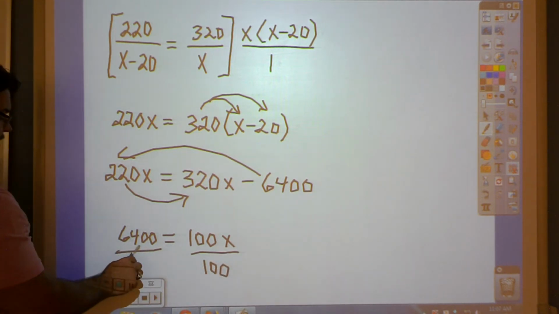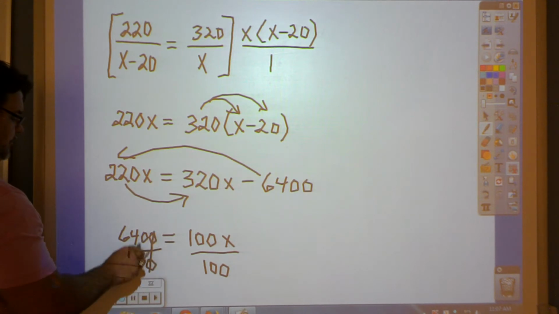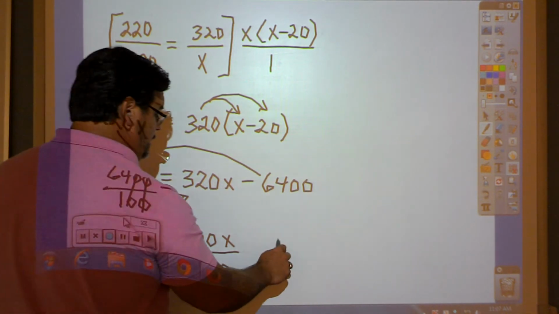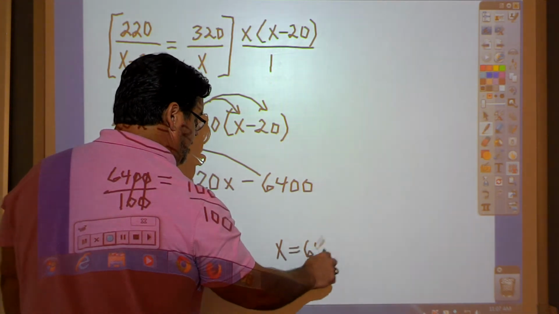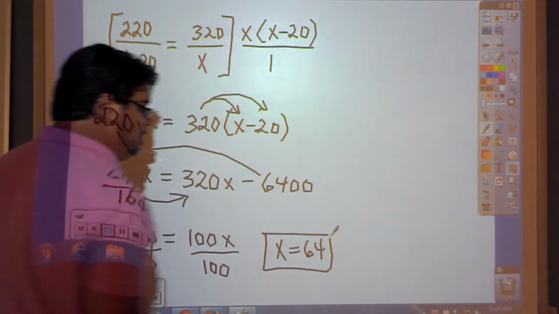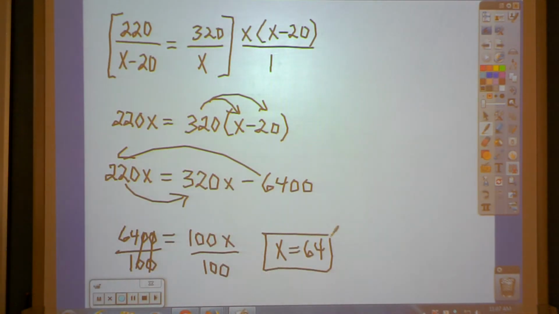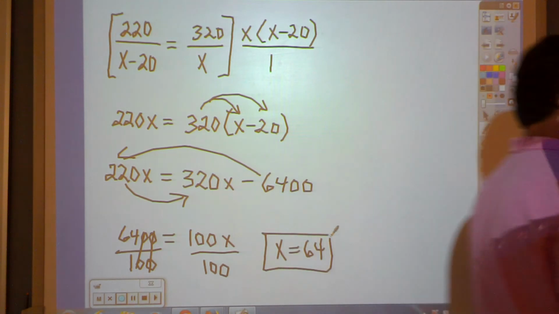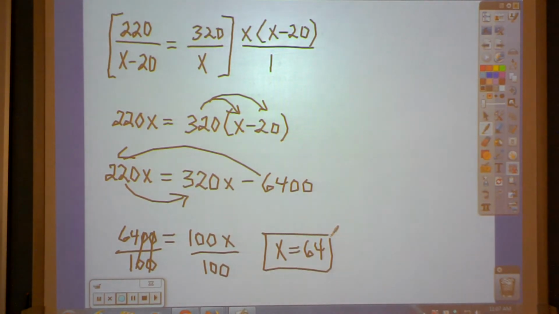Please do not use a calculator because that will not look good. 64 is equal to x. So, I guess it's 64 miles per hour or whatever they're asking. No, it asks for train A and train B. Hold on. Let's go back to the question.